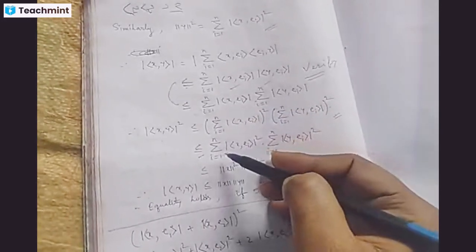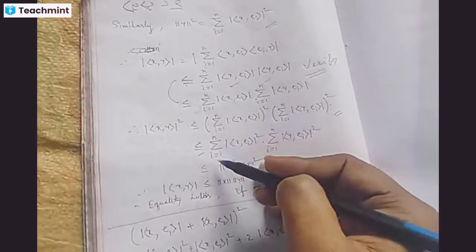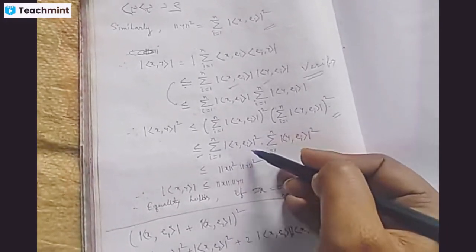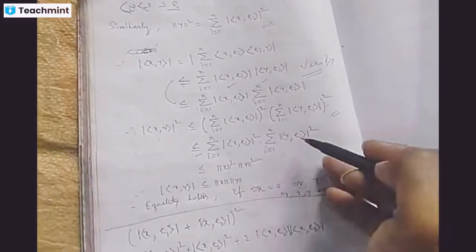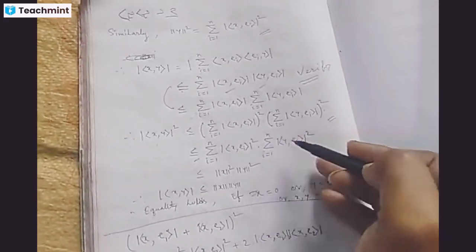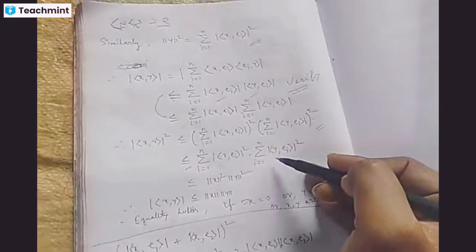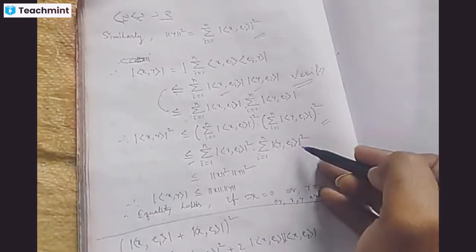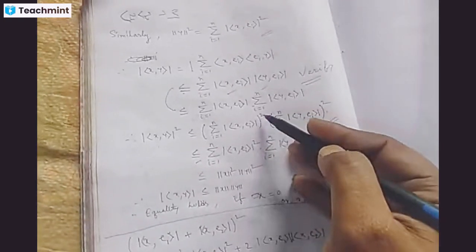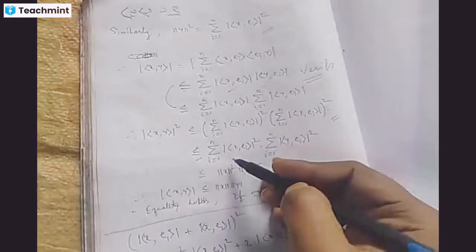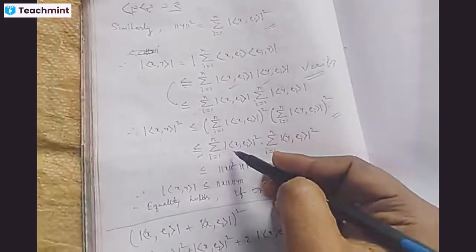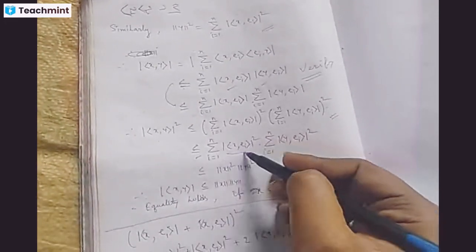It is less than or equal to the summation over i equal to 1 to n of the square of the modulus of the inner product of x with e_i, and likewise for the summation of the square of the modulus of the inner product of y with e_i. Here the square is acting on the modulus of the inner product.